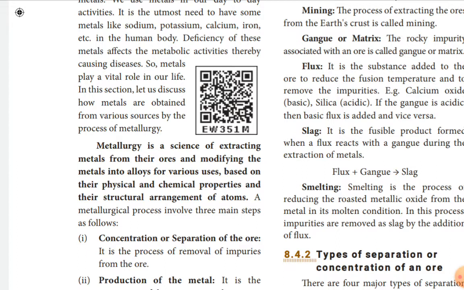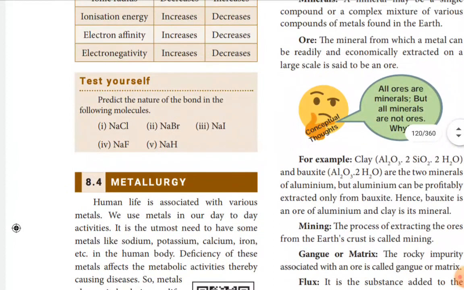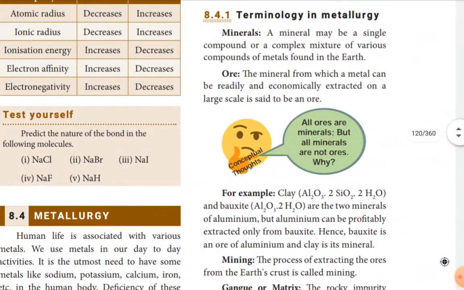Then there are some terminologies in metallurgy. Mineral is the compound or complex mixture obtained from the earth crust. Ore is the mineral from which metal can be extracted economically on a large scale. Mining is the process of extracting the ore from the earth crust.